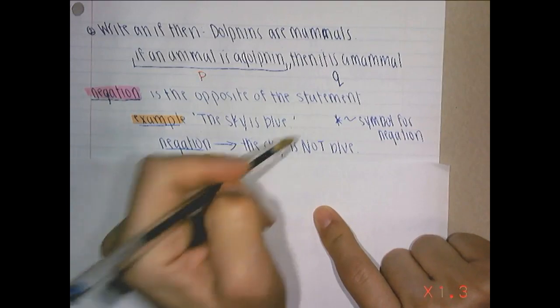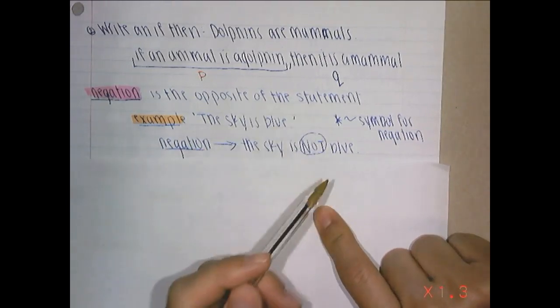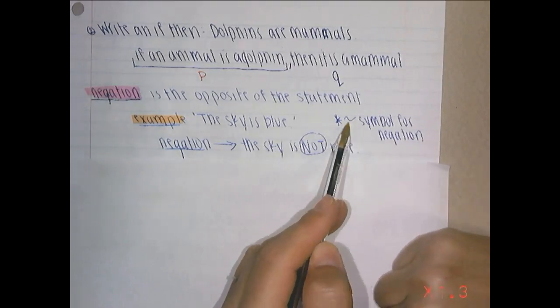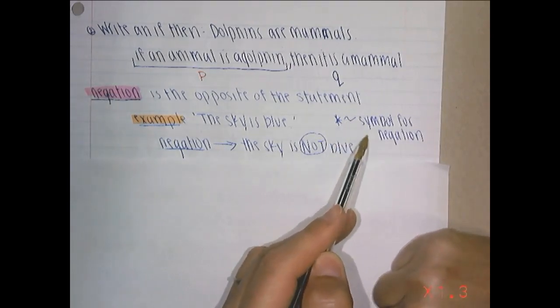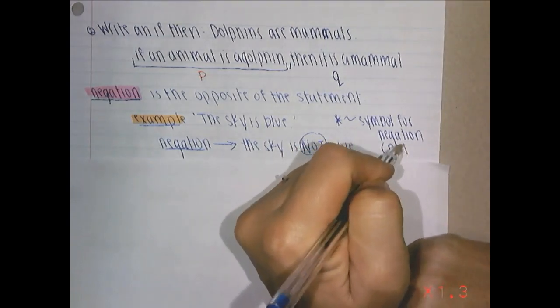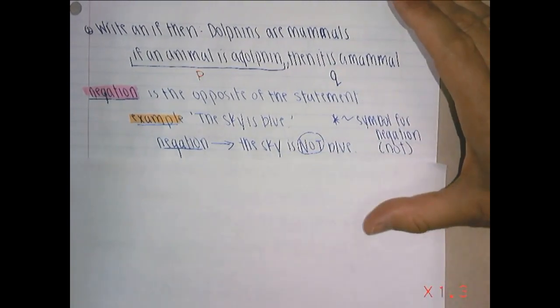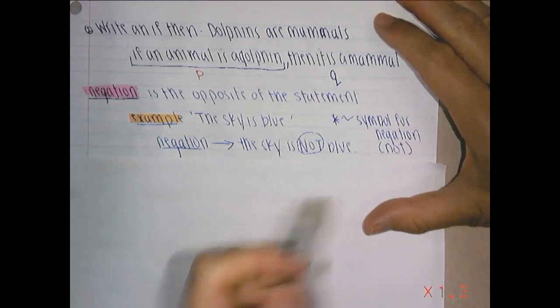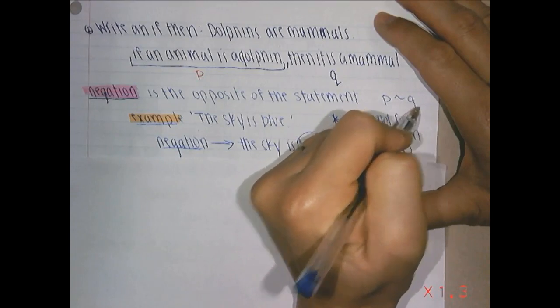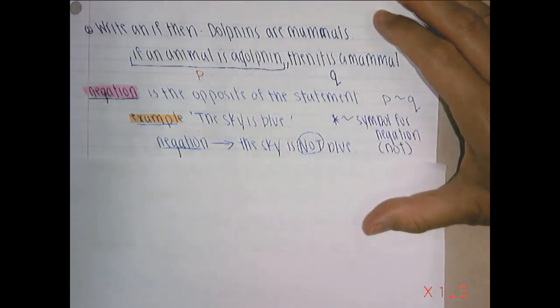Not being the key word here. If we were to write that as a symbol, it would just be this little squiggly line. The squiggly line stands for the negation or the not. So if P not Q is how you would read that one.